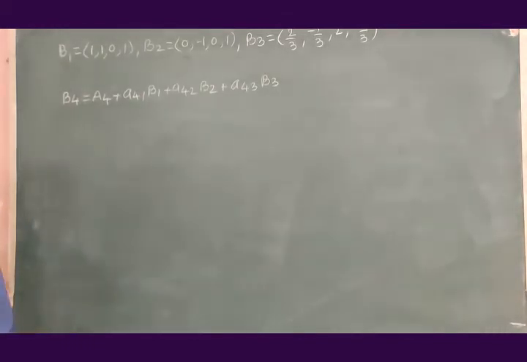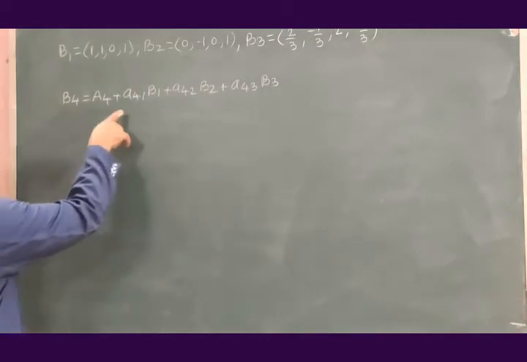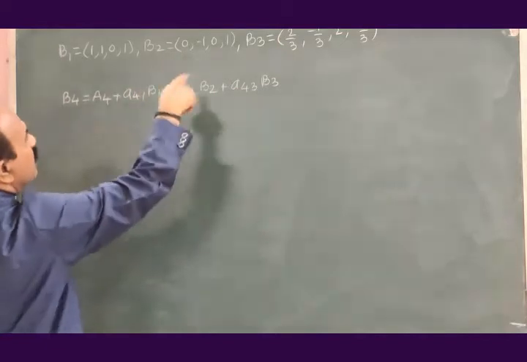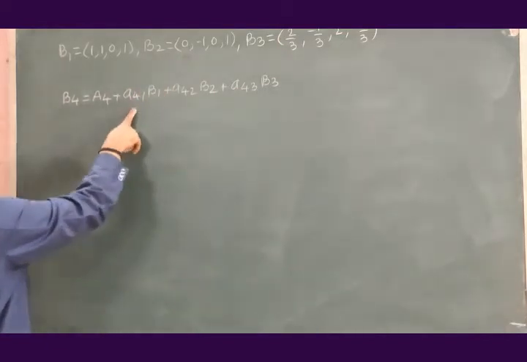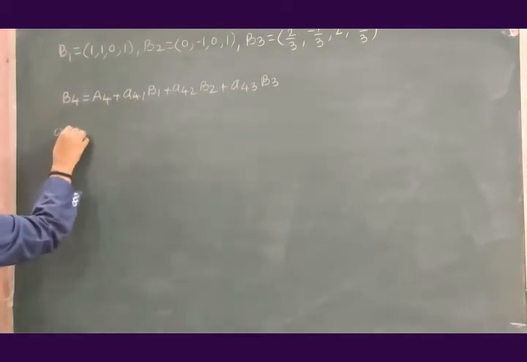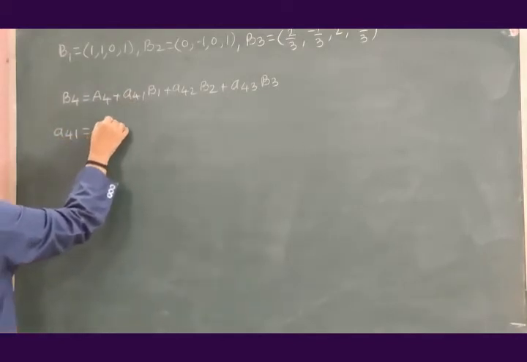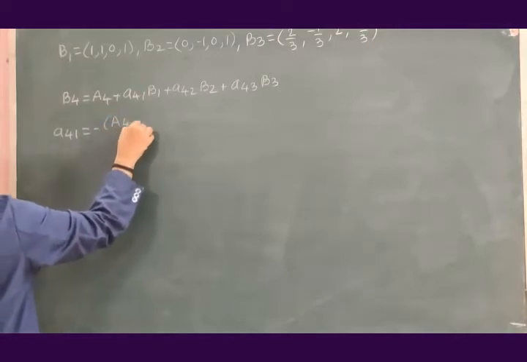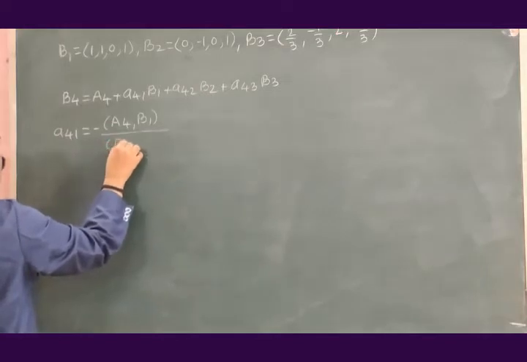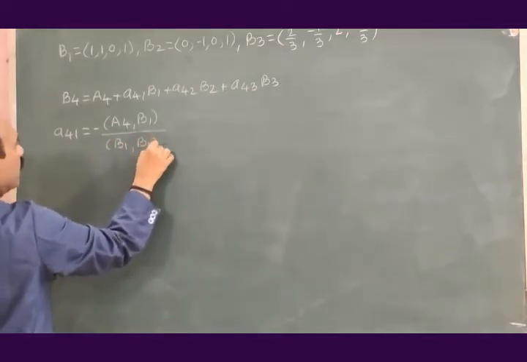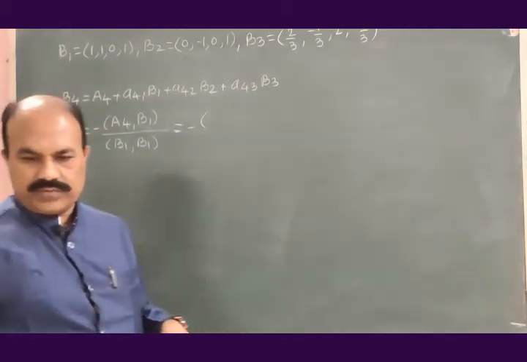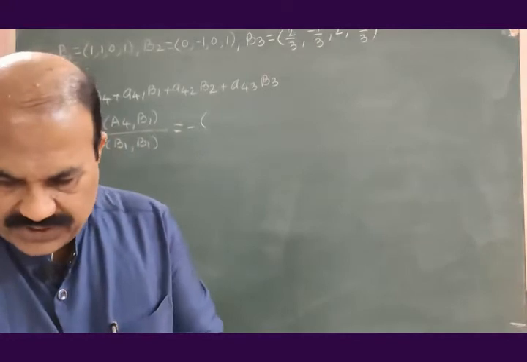And so before, we need A4 known, B1, B2, B3 known. We need to know A41, A42, A43. Let us find first A41. What is A4? A4 is this.